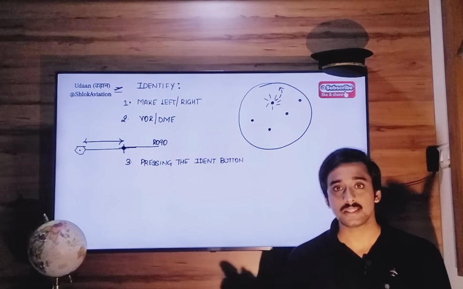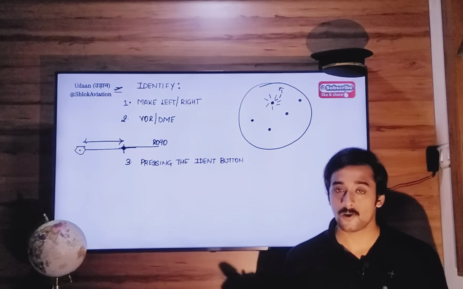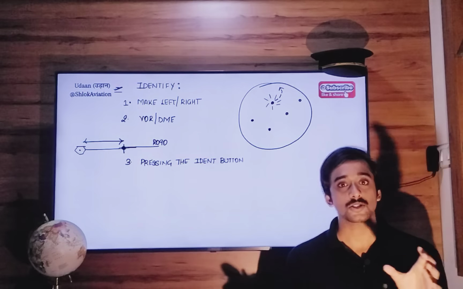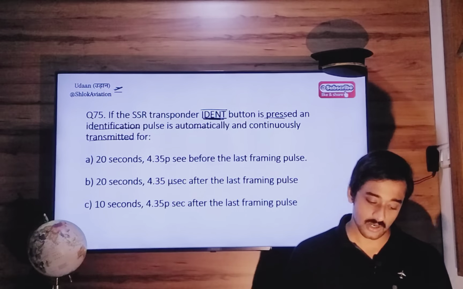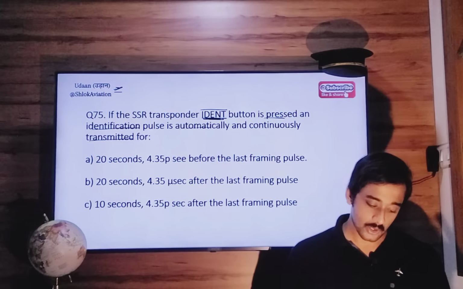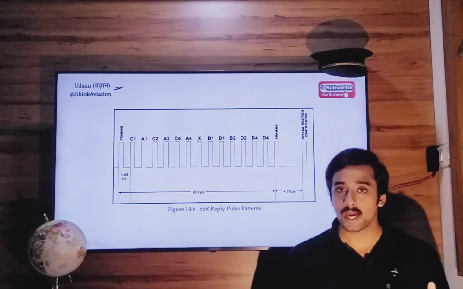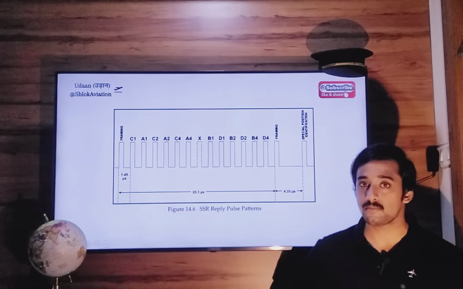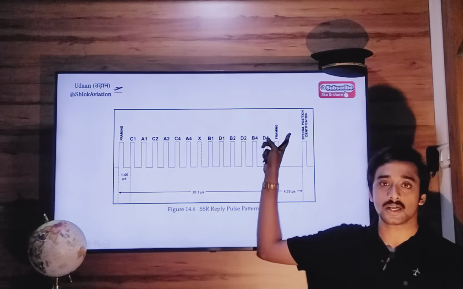When that happens, the ATC controller comes to know that this particular radar blip belongs to your aircraft, right? This is the function of the ident button, and it lasts for 20 seconds. Technically, what happens behind the scenes when you press that ident button is that an extra pulse is sent to the ATC controller.